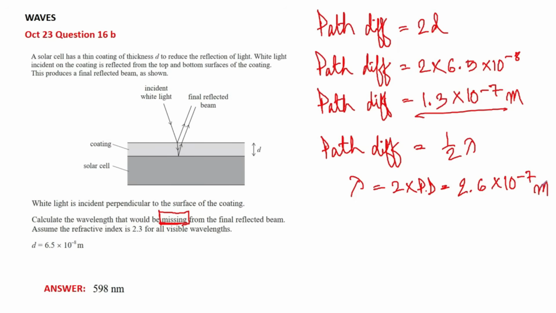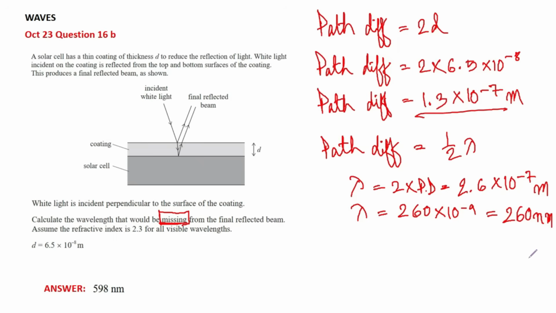Now what you can do is convert this meter value into nanometer. All you have to do is press the ENG button once. If you press your ENG button once, the value that you get is 260 times 10 to the power minus 9, which is equal to 260 nanometer. And you might be thinking, wow, we are done.